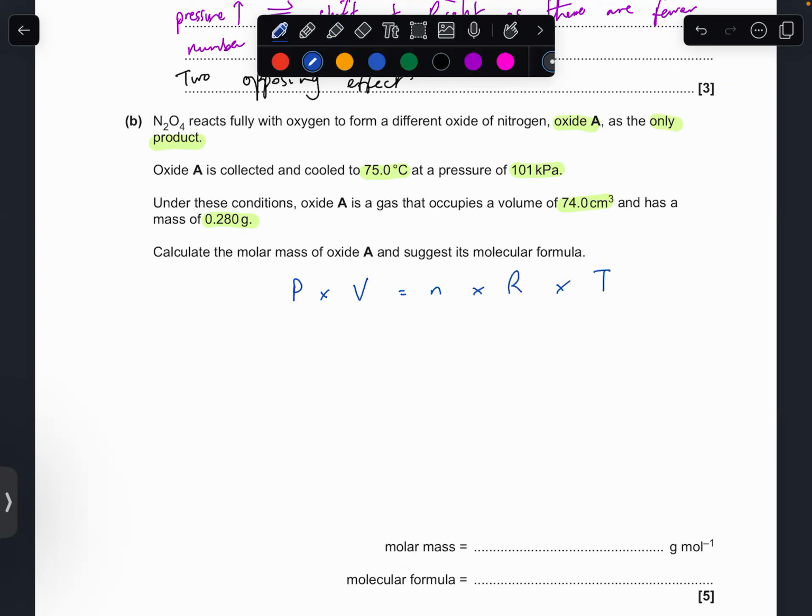The pressure is 101 kilopascals, so we convert that to pascals. Volume is 74, and to convert that to meters cubed, we divide it by 1,000,000. n is going to be mass of the gas given in the question over the Mr, which we're trying to work out.